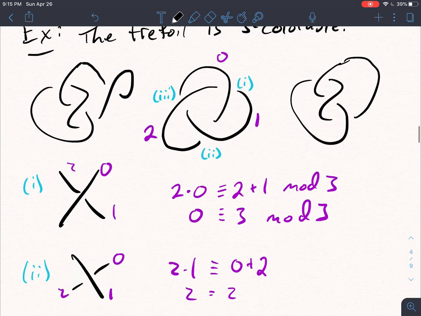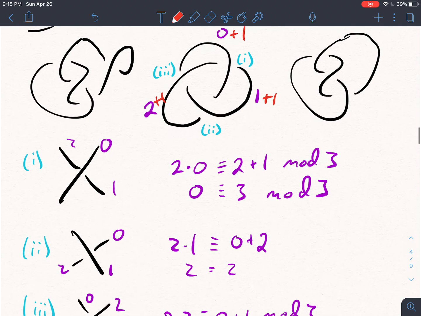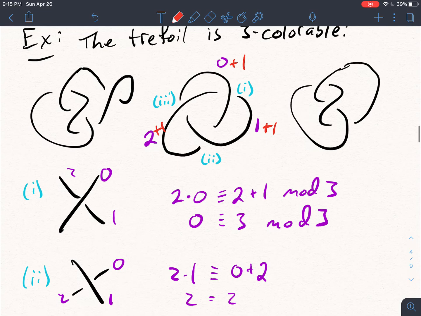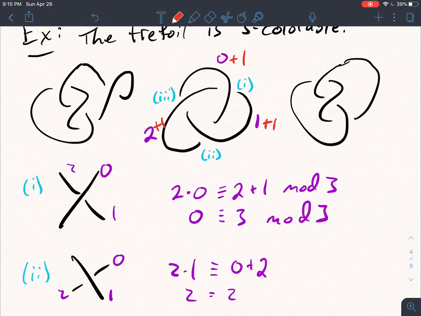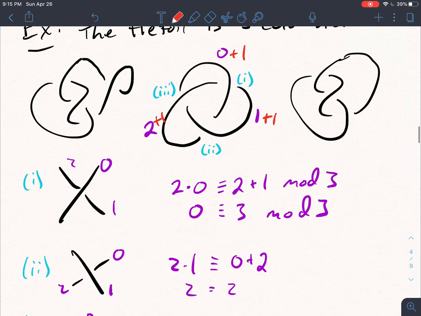Let me point something out. Before I talk more about this matrix, let me go back up to our picture of this trefoil that we colored here. If I were to add, say, 1 to all of these, how would that affect my equations?